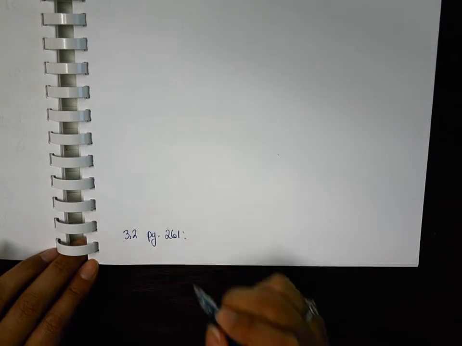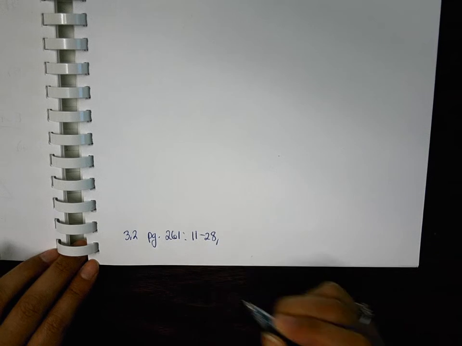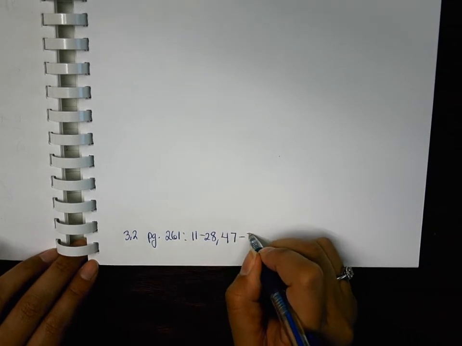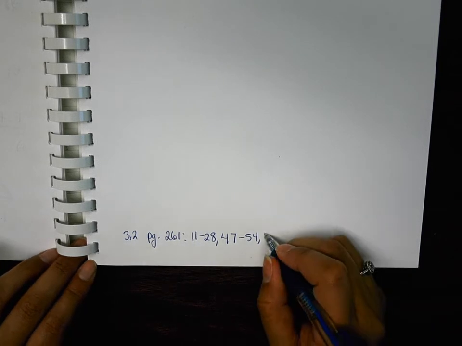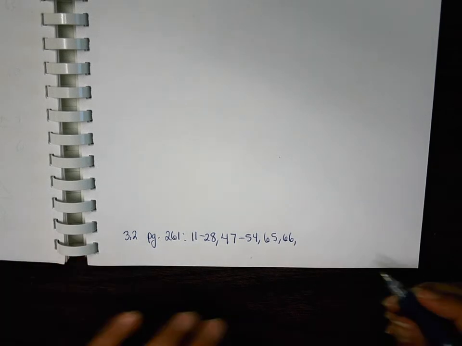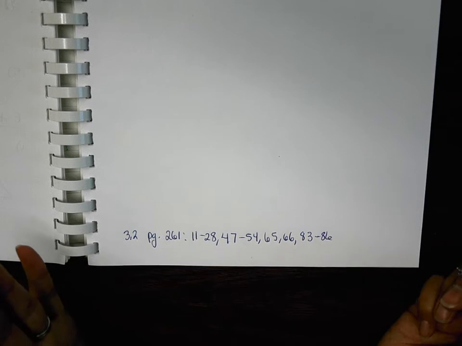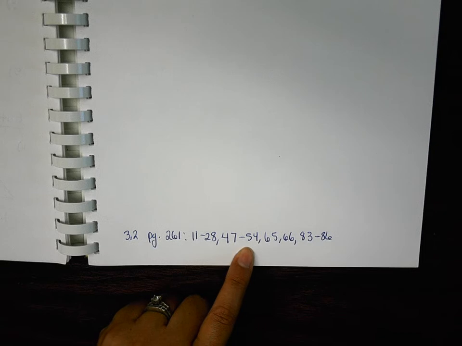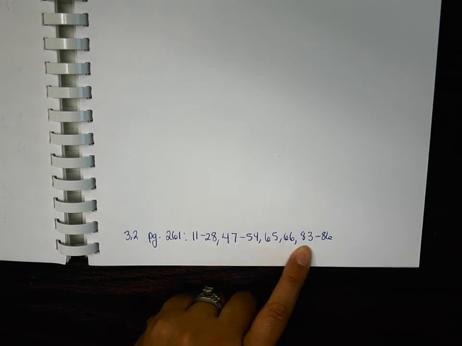Numbers 11 through 28, 47 through 54, 65, 66, and 83 to 86. Like last night, they're easy. Were last night's easy? All right, write this down, making sure I have it down correctly. We're good?